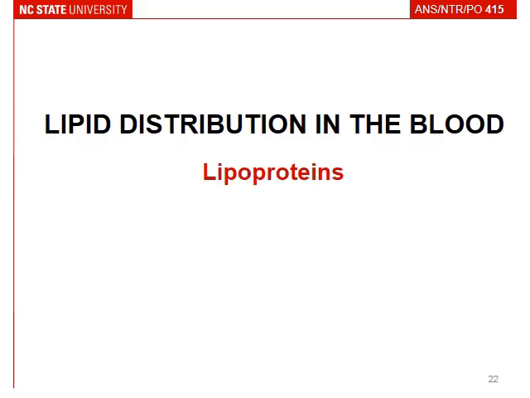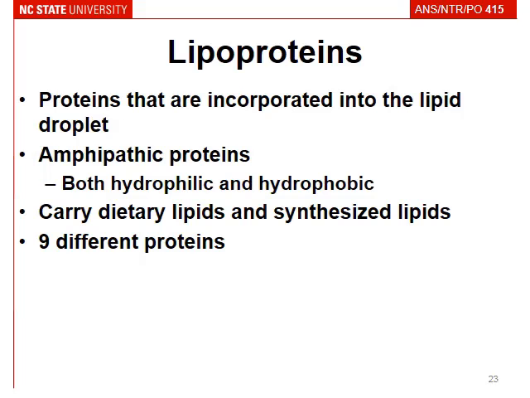Next, we're going to change gears and discuss lipid distribution within the blood. And the main way we discuss this is with lipoproteins. So what are lipoproteins? Lipoproteins are the proteins that are incorporated into the lipid droplet.